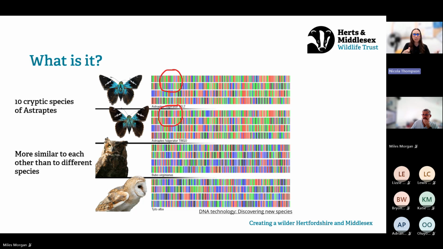And if you look at the colours, I've pointed out the areas where they're actually different with the red circles. But if you look at those two, they're very similar aside from that, almost identical. But the bottom two are different species of owl. And as you can see, the two different species of owl are quite different, and they're in turn quite different from the species of butterfly. Okay, so next slide.